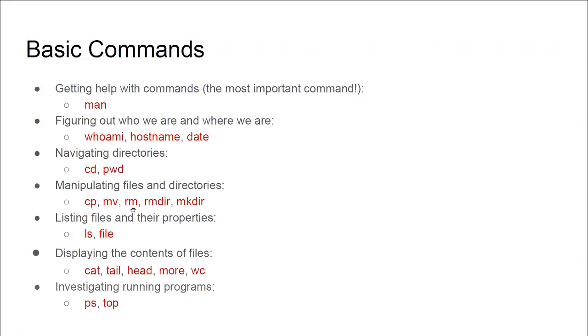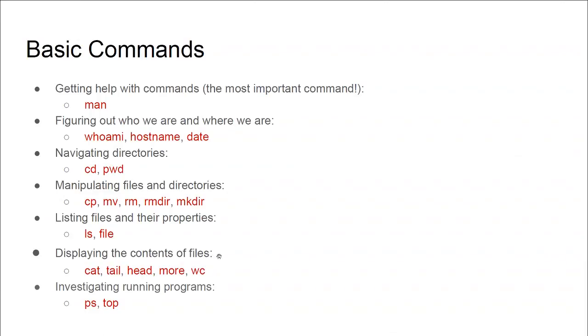There are flags, or switches, or options that will change the behavior of rm to allow you to remove subdirectories, but for now, we'll just leave it at that. You can also make new directories with mkdir, make directory. You can list files and their properties using the ls command. That's the primary way. You can also look at file properties with the file command. This isn't as important as ls.